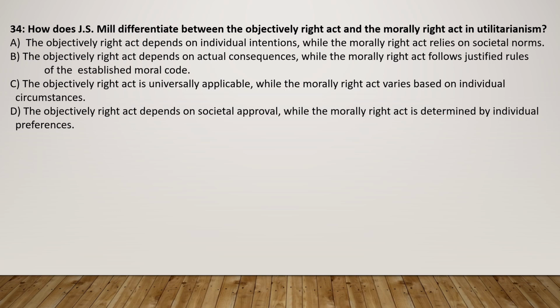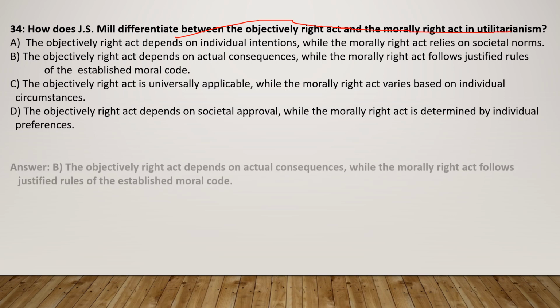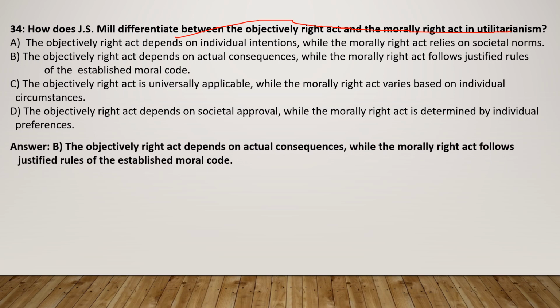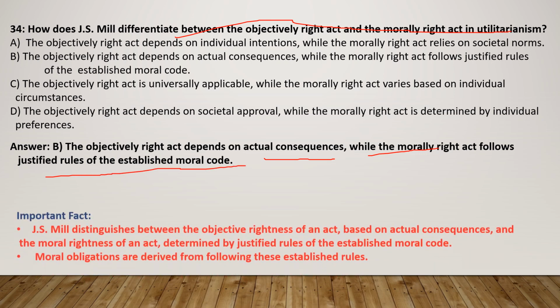How does J.S. Mill differentiate between the objectively right act and morally right act in utilitarianism? The objectively right act depends on actual consequences, while the morally right act follows justified rules of the established moral code.